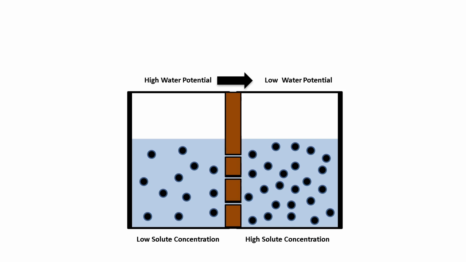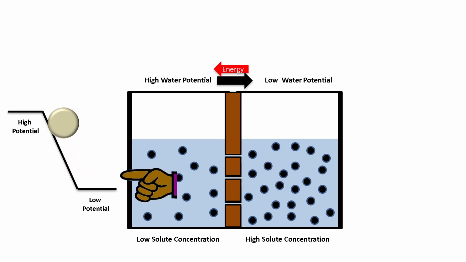This is a natural phenomenon explained in physics, which states that energy flows from higher potential towards lower potential. But for the energy to flow from lower potential to higher potential, additional energy will be required.